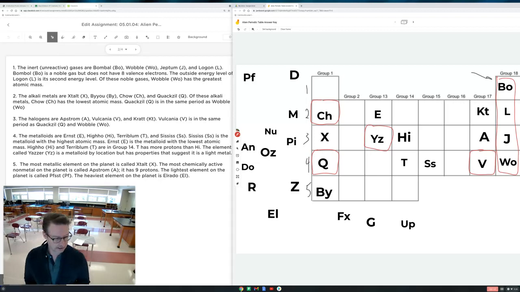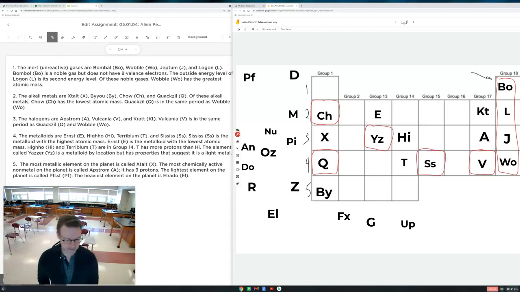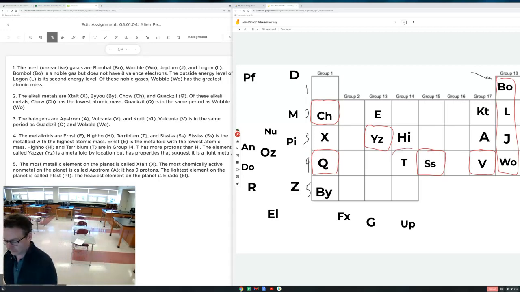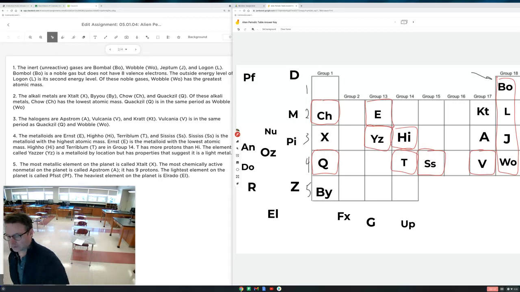SS is the highest atomic mass of the metalloids, so that is the one that belongs the farthest down. That's good. And then it says T has more protons than HI, so T has to be farther down. Okay, so that looks correct to me. And the only other metalloid is this one, so the only spot it could be was there.